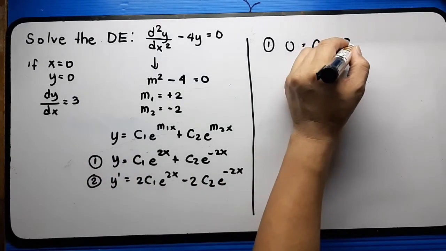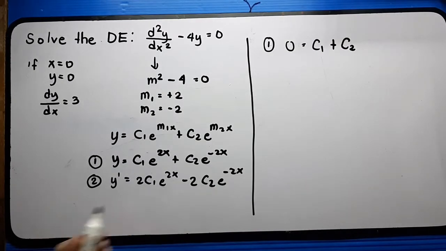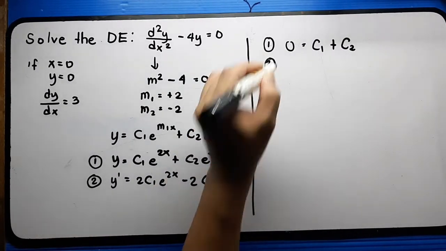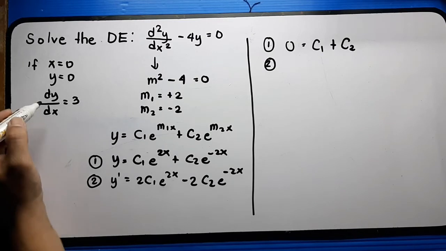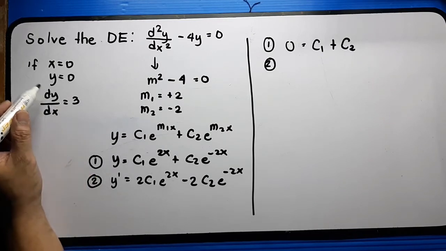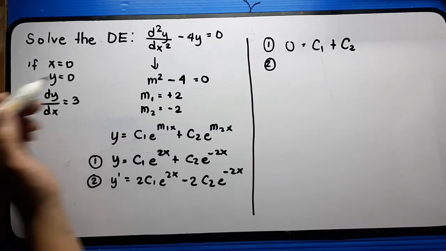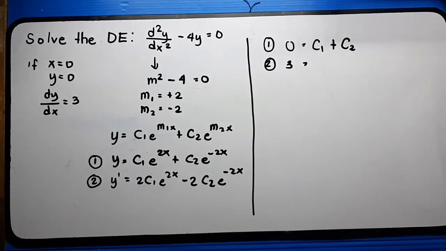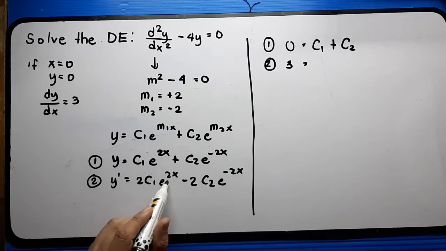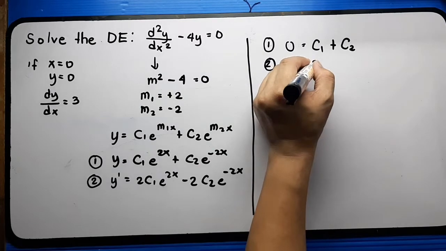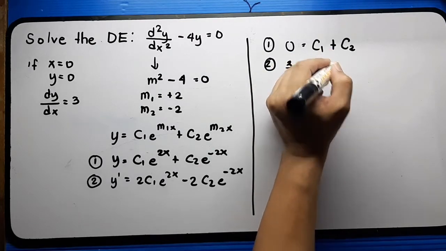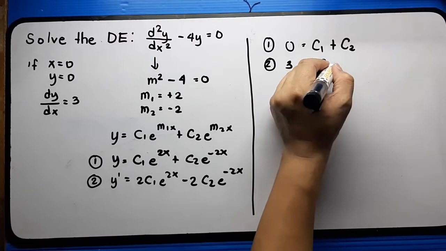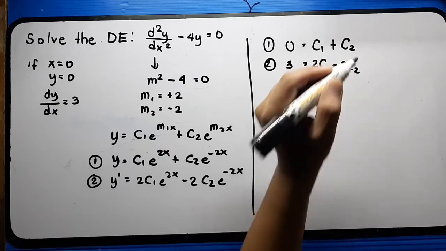This is c2 only. For the second equation, y prime is the first derivative, dy over dx, and with this condition, y prime is 3. And 2c1 e raised to 0 is 2c1. Then negative 2c2.